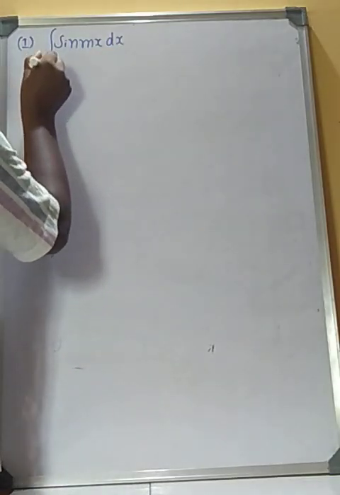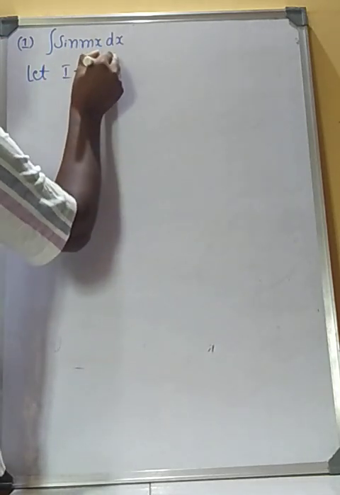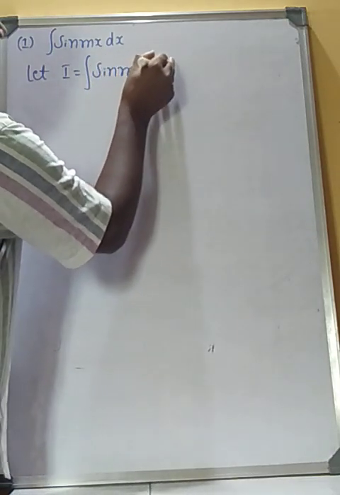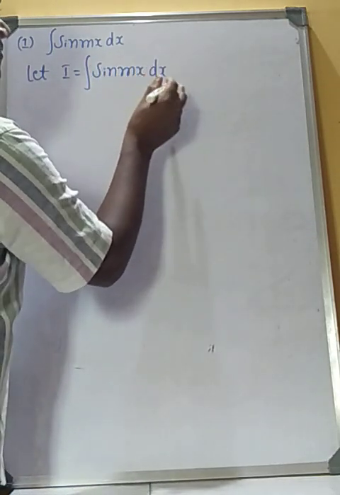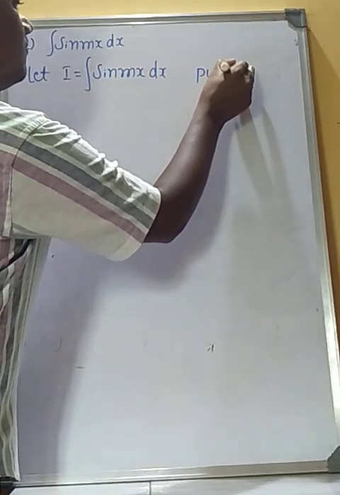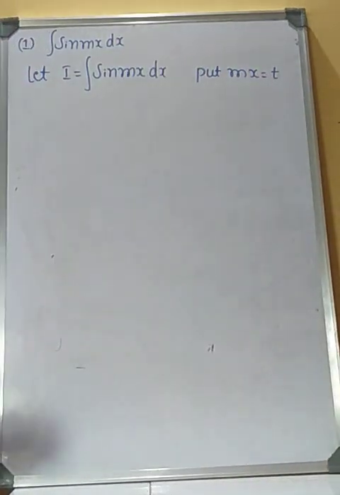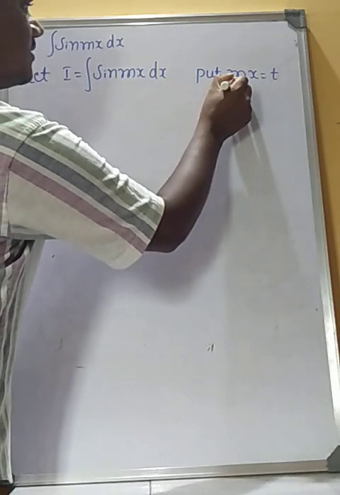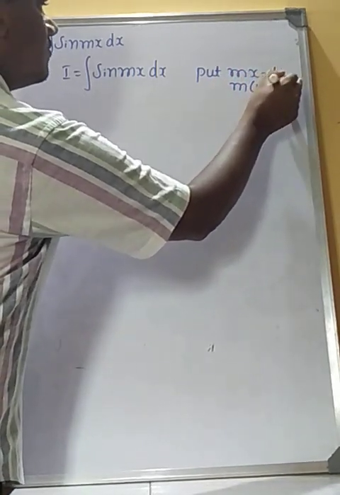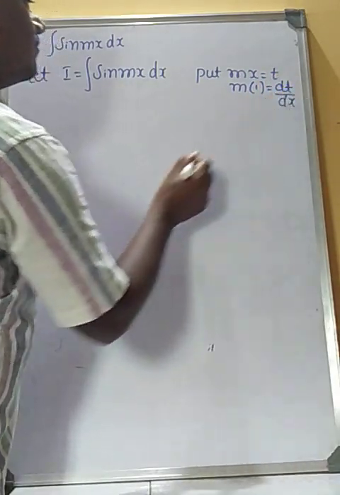So let I be the given integral of sine mx into dx. Now put mx is equal to t. Differentiate with respect to x. m into 1 is equal to dt divided by dx.